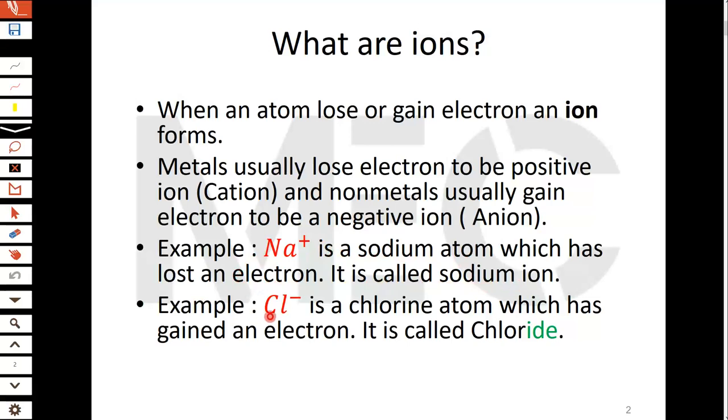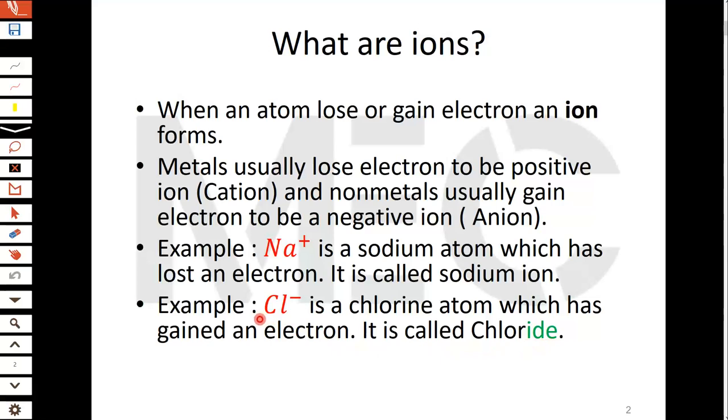Okay, Cl- is a chlorine atom which has gained an electron. It is called chloride. I bring your attention to the -ide that is added at the end of the name of the element.